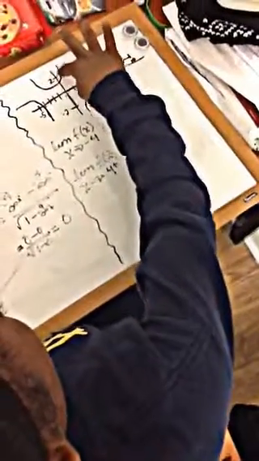Then I have to find the limit of f of x as x approaches -4 from the right. The plus sign is the right indicator. So coming from the right, it approaches but never touches, and it leaves it as positive infinity.